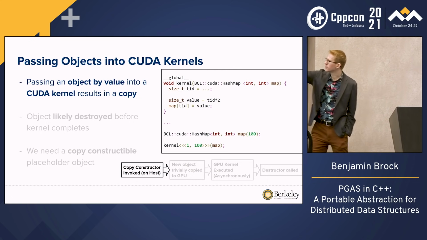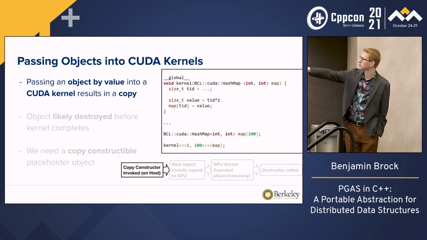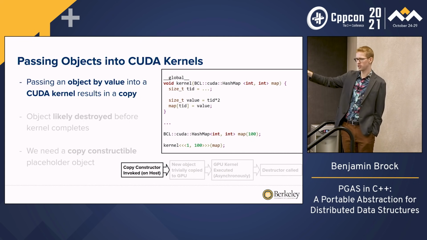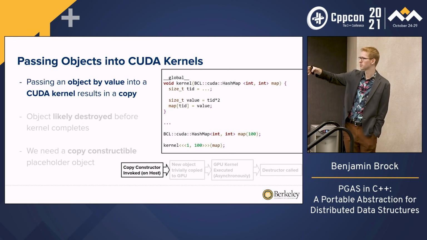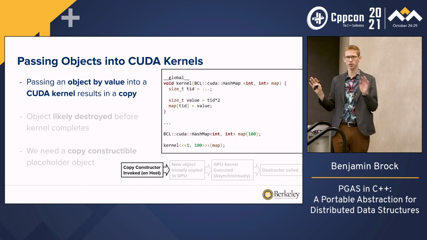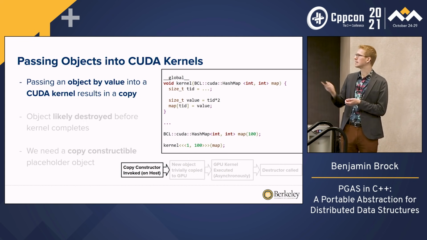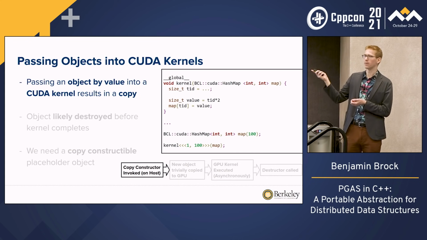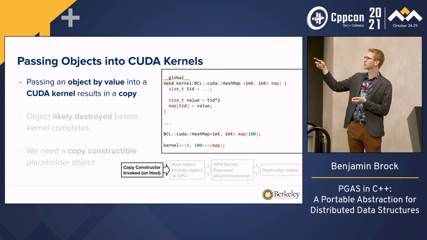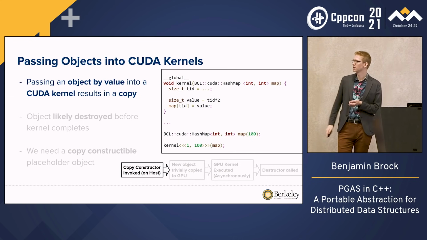Here we have this CUDA hash map object, which is this distributed data structure whose data lives on the GPUs, but it's just a local object on each process, and we're handing it in as an argument into this kernel. So this kernel is going to be called, and it's going to receive this object.